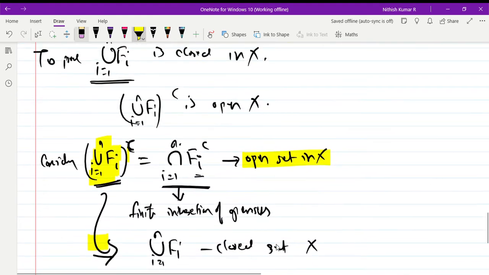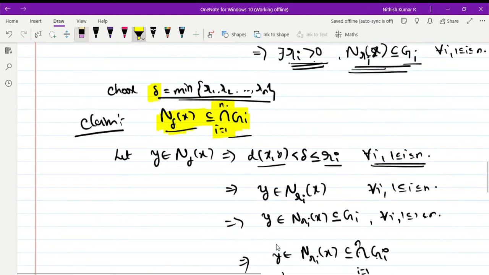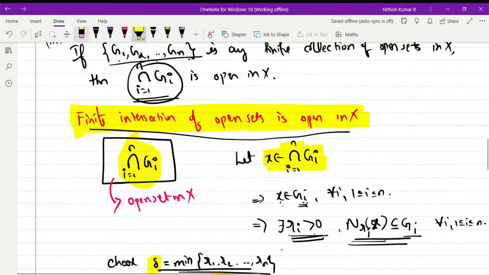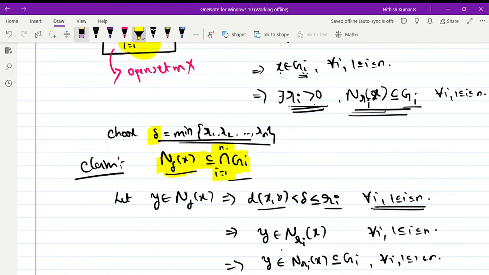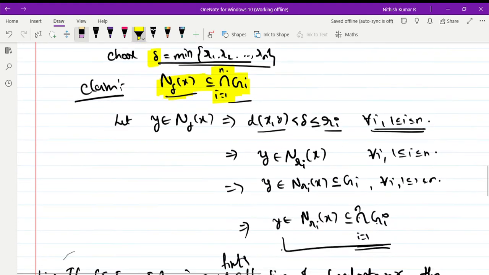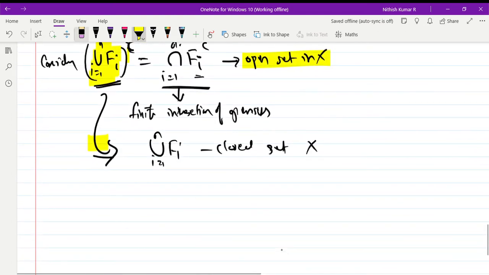Now why in the last two results? In the first two results we have arbitrary union and arbitrary intersection, but in the third and fourth we have finite intersection of open sets and finite union of closed sets. Why is it not an arbitrary intersection of open sets? Why is it not an arbitrary union of closed sets?